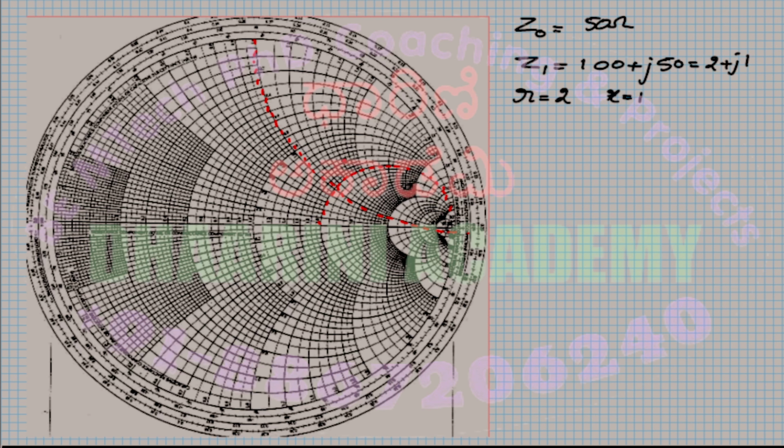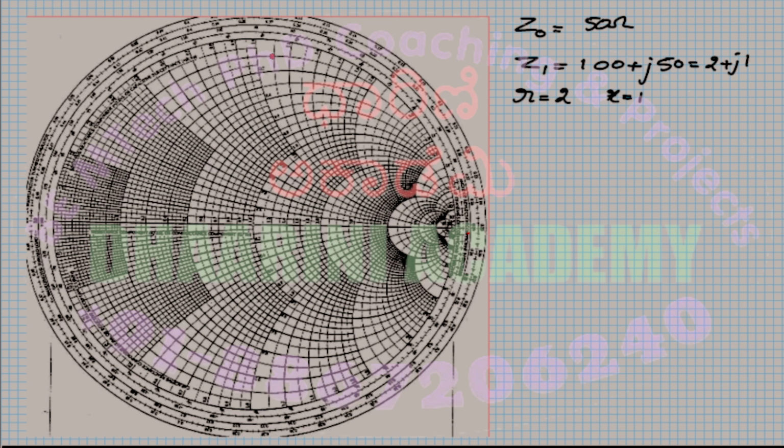Just to find out their intersection, their intersection happens over here. This point represents the impedance that is equal to 2 plus J1.